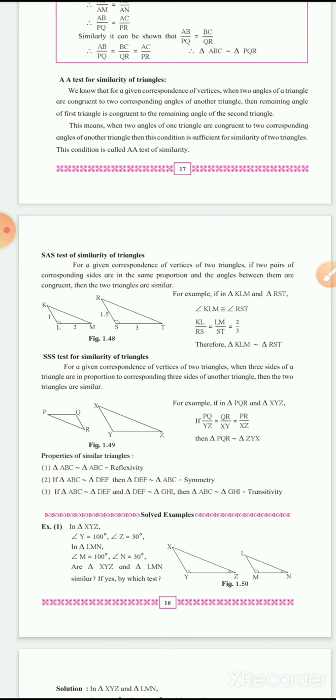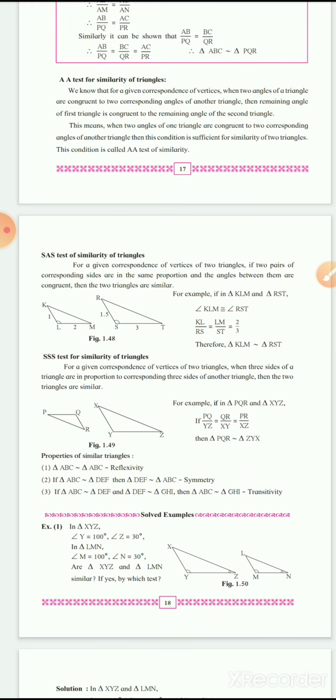Now we are studying properties of similar triangles. Here the first property is triangle ABC is similar to triangle ABC.